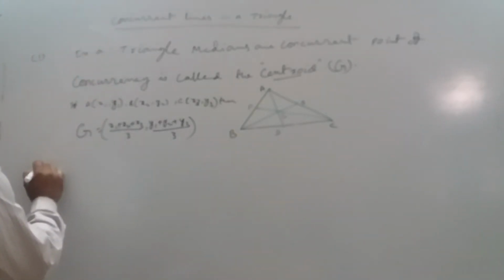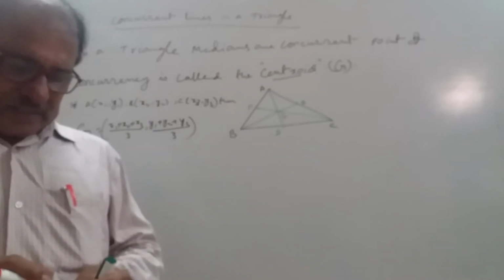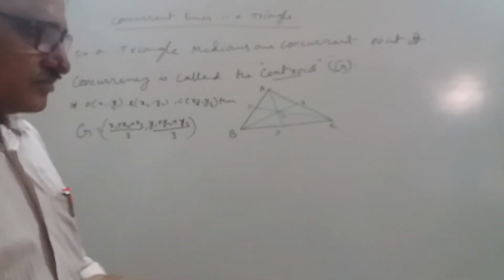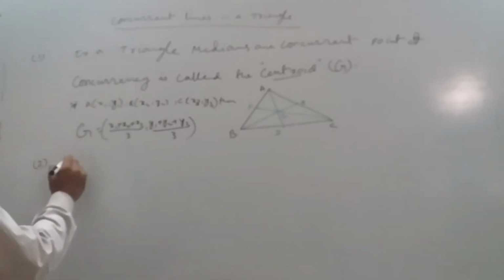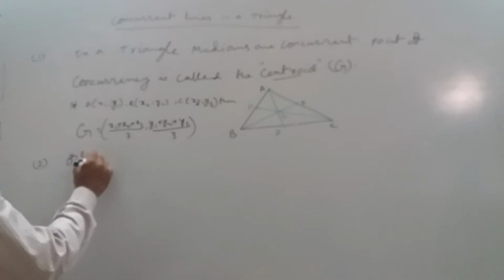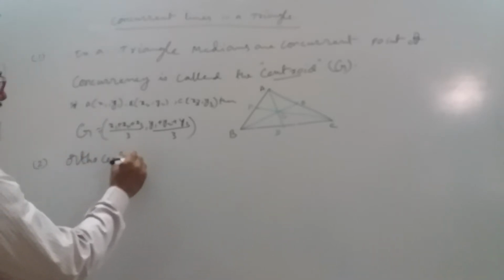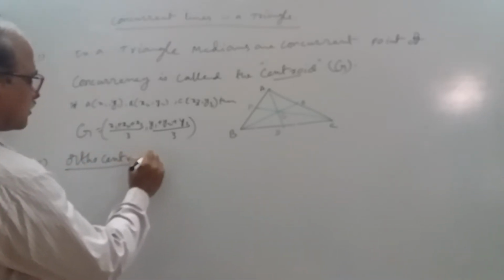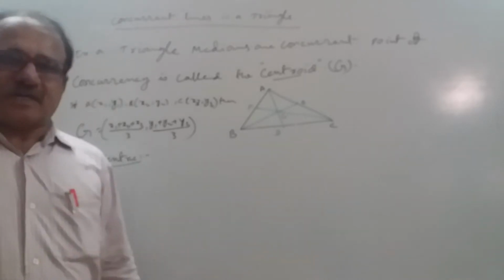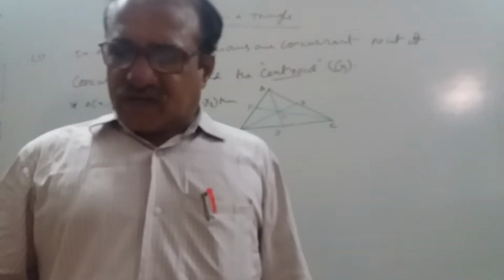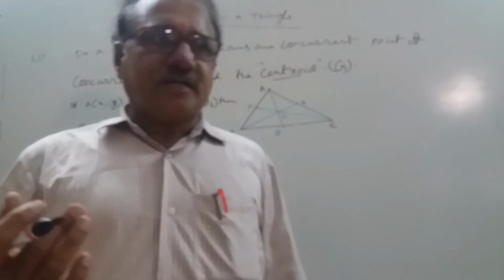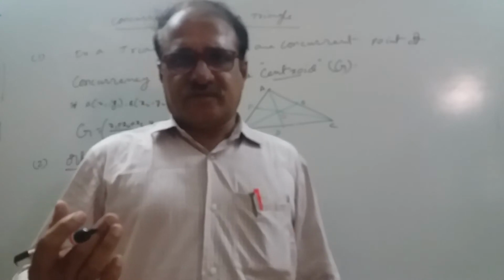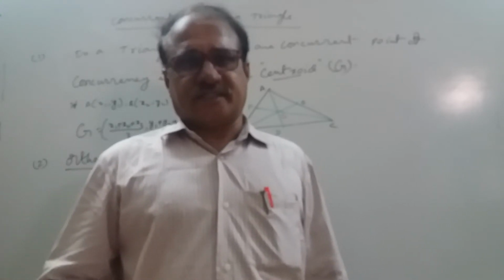The second one is the orthocenter. First we have to discuss the orthocenter. What is the definition of orthocenter? In a triangle, the altitudes are concurrent.